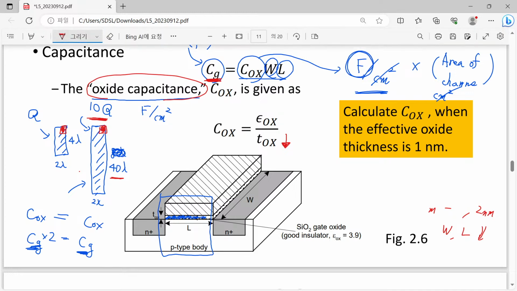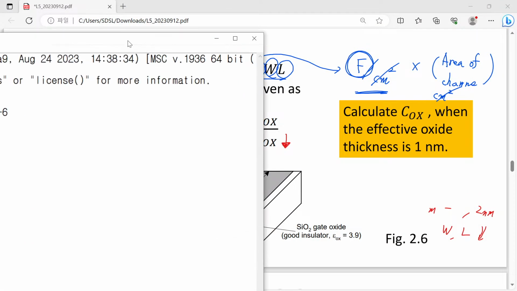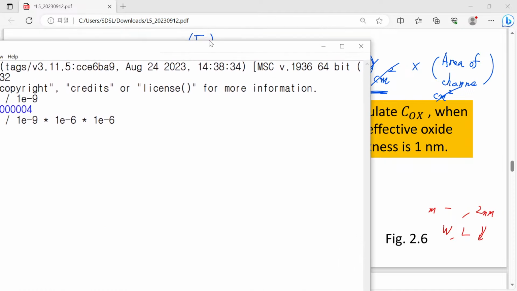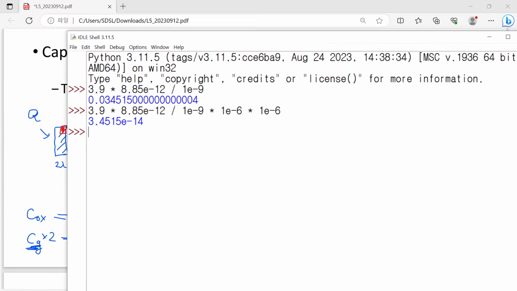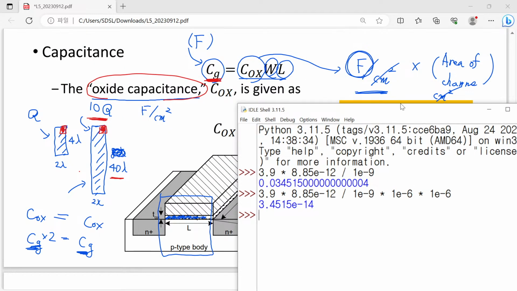Then why don't you just make a simple exercise together with me. For calculation purposes, I have prepared a Python window here.